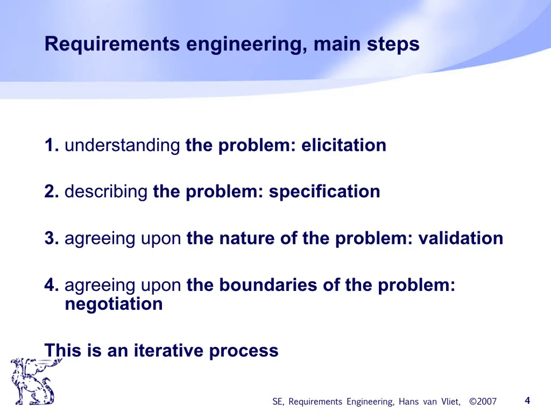Concerning all those, you have to make a selection from the list of requirements. You agree upon the boundaries of the problem, and taking care of those boundaries, you make a selection from the list of your requirements. So that's requirement negotiation.